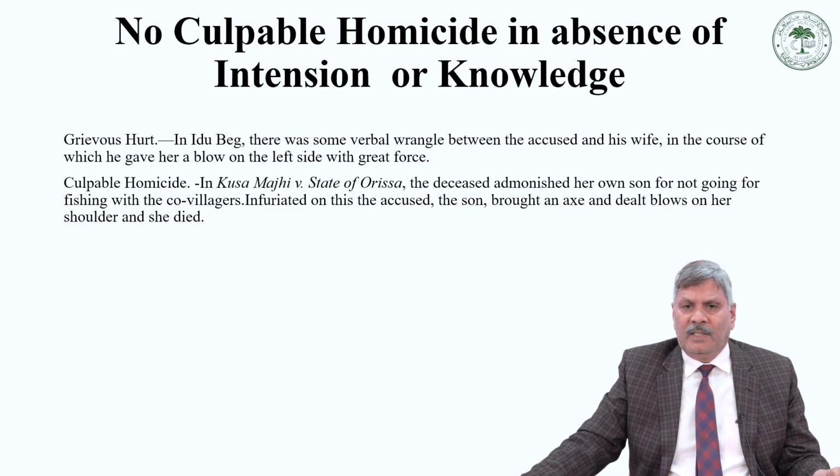The respondents robbed the deceased of his loaded pistol, assaulted him with fist blows, slaps and kicks, and then the neck of the deceased was tied with a rope and he died of strangulation. The accused were tried for the offence under section 302 read with section 34 of the Indian Penal Code, that is section 103 subsection 1 read with section 3 subsection 5 of the Bharatiya Nyaya Samhita.